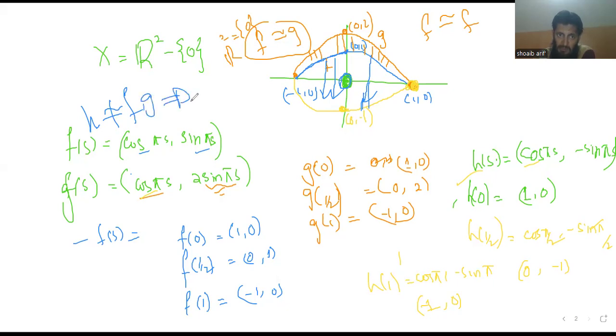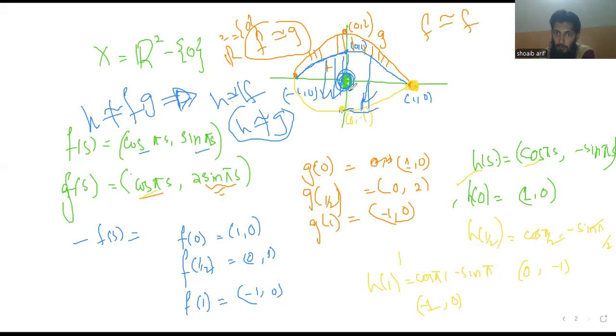This is a counterexample, the other example which is not homotopic. So h is not homotopic to f, and h is also not homotopic to g. We cannot continuously deform f into h, or g into h, because there is a hole.